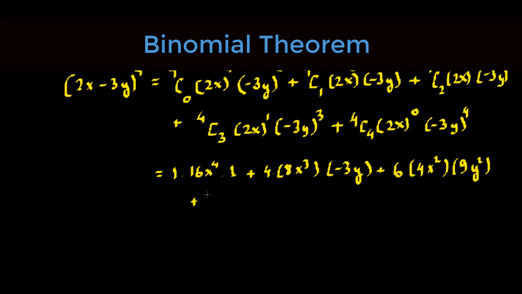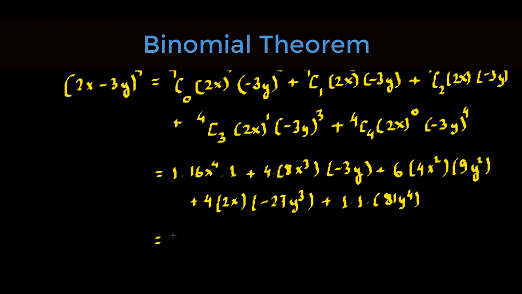It's 4. So it is 4 times twice x times negative 3 cubed, which is negative 27 y cubed. 4c4 is 1, 2x raised to the power 0 is 1, and negative 3 to the power 4 is positive 81 times y to the power 4.